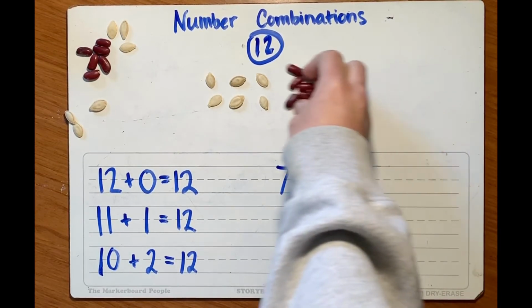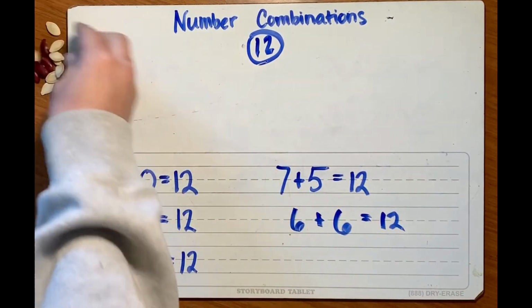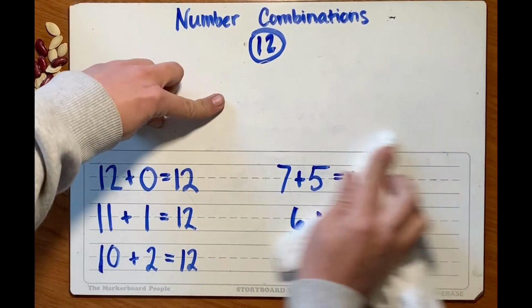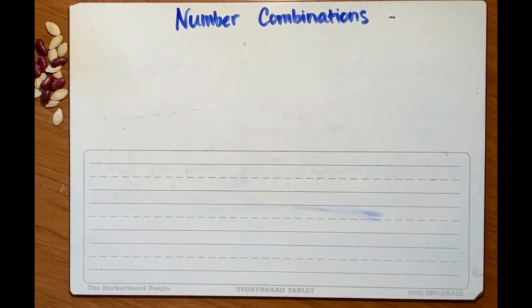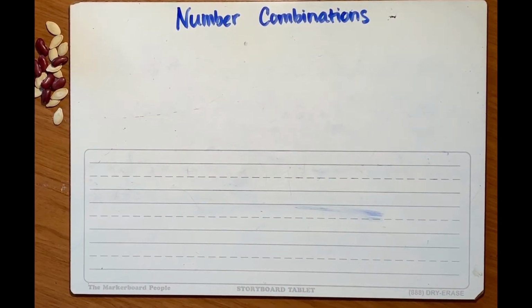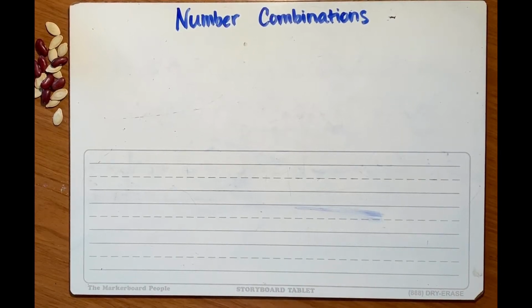For further practice, we're going to switch from our beans to some M&Ms. I have 14 M&Ms total. To start, I'm going to have all 14 be one color, just like we did with the last one.